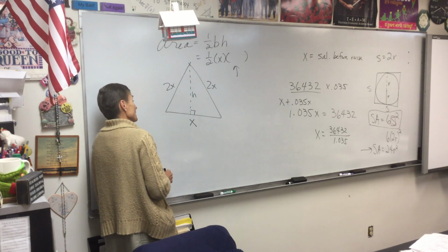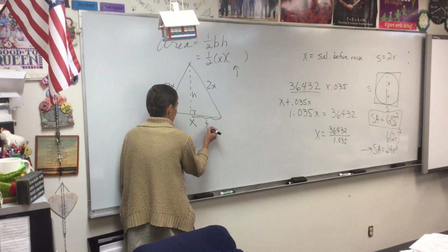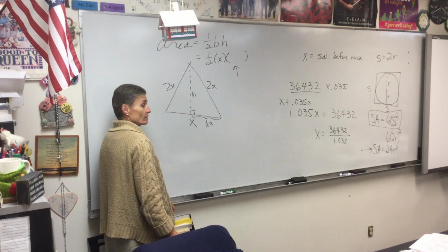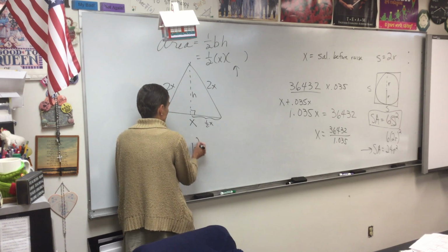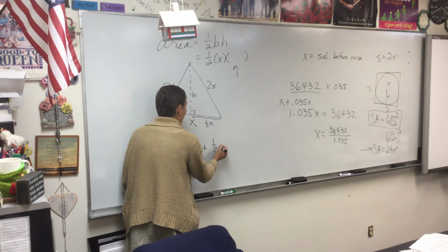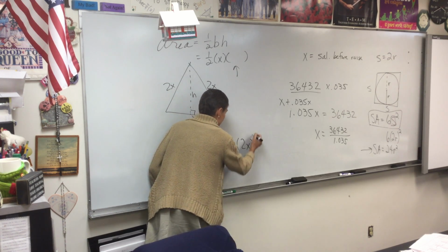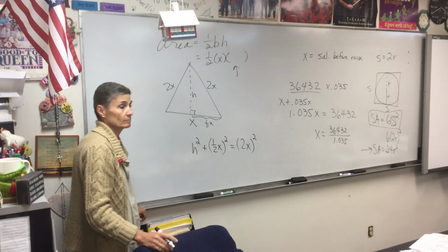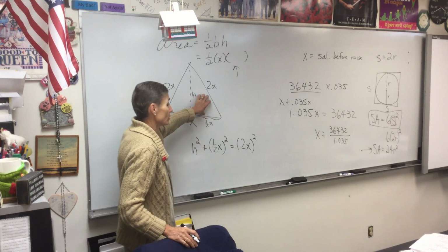Now, here's the deal. What's this? Half x. It's an isosceles triangle, so the altitude bisects the base, so it's half x. So h squared plus half x squared equals 2x squared, in this right triangle right here.